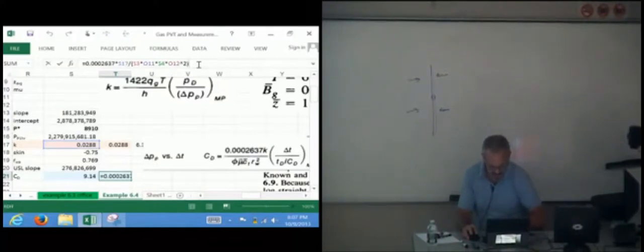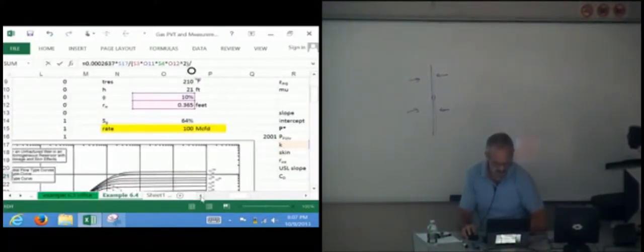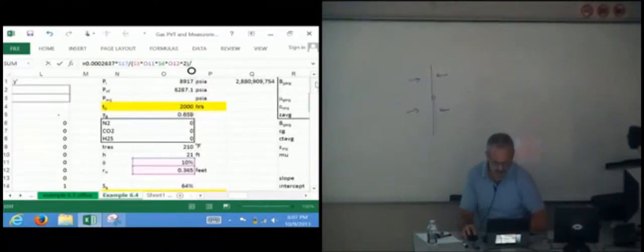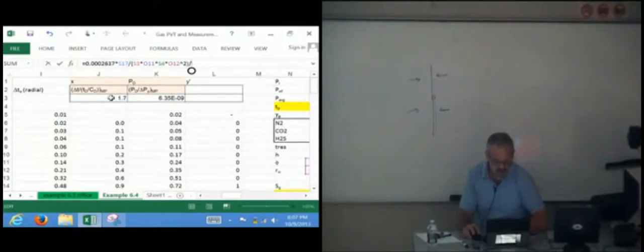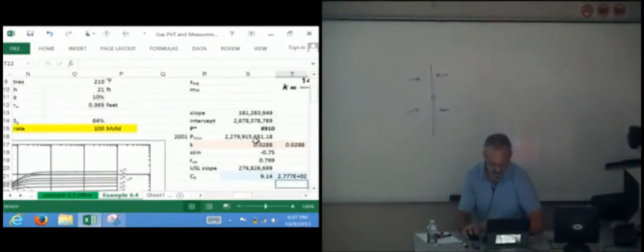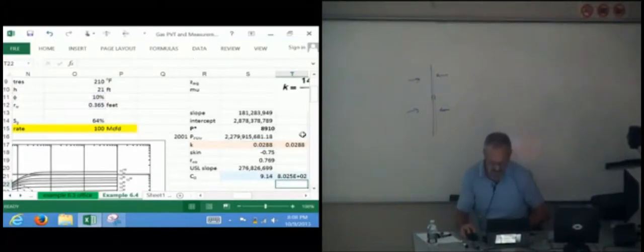I want to divide this by what I use to convert my time, 1.7. Okay, maybe I shouldn't have divided. Maybe I should have multiplied.